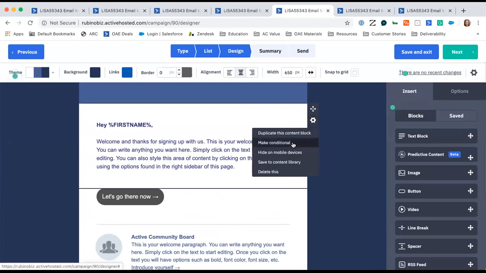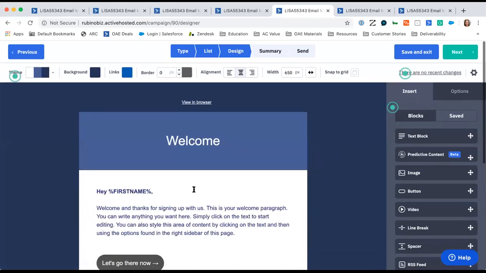So let's say, in this case, this is maybe a welcome email, and maybe you're collecting different information. Do you want to be a donor or do you want to volunteer? But they're all filling out that initial subscription with you.